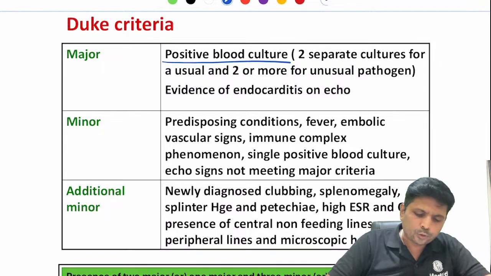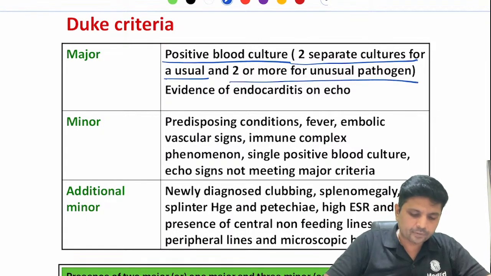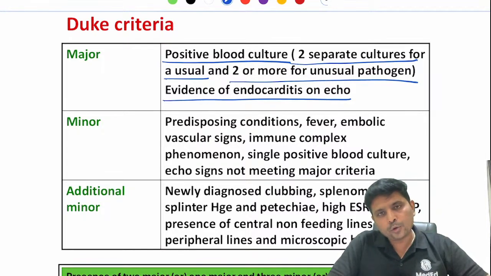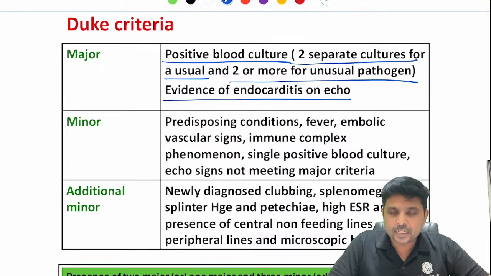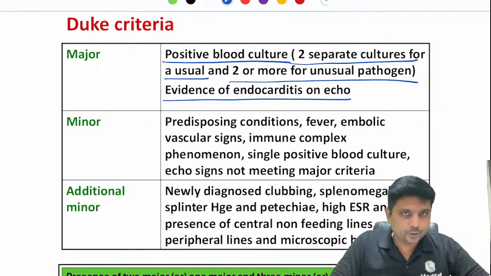Remember, two separate cultures as usual. And if you suspect other unusual organisms, two more can be required. Always you need to take an echo periodically to look for vegetations. So the major criteria include positive blood culture as well as evidence of infective endocarditis in echo.